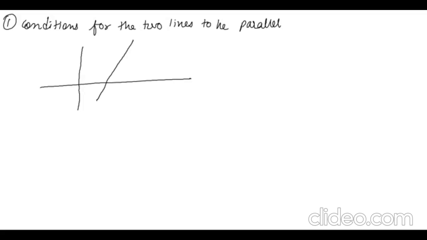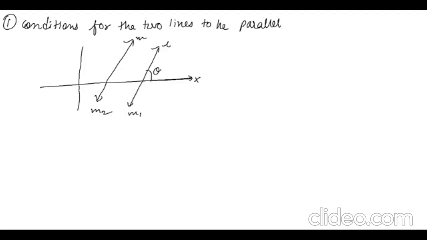Let's say I have two parallel lines, line L and M, having slopes m1 and m2. Now let's say this line makes an angle theta with the positive direction of x-axis.